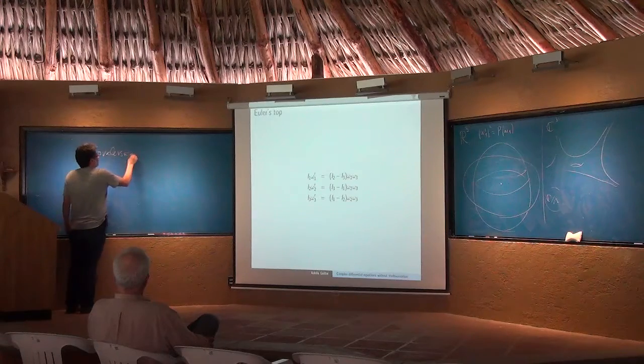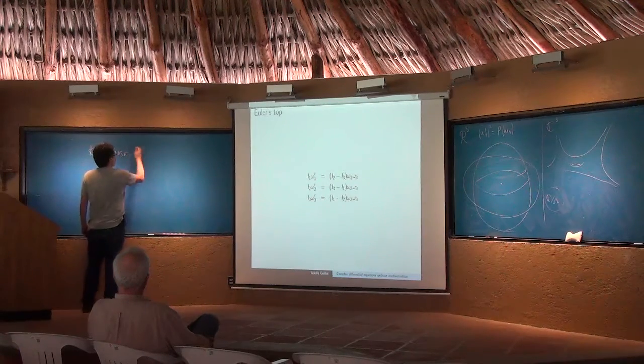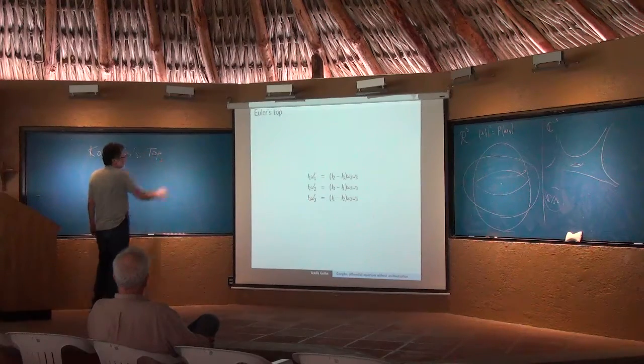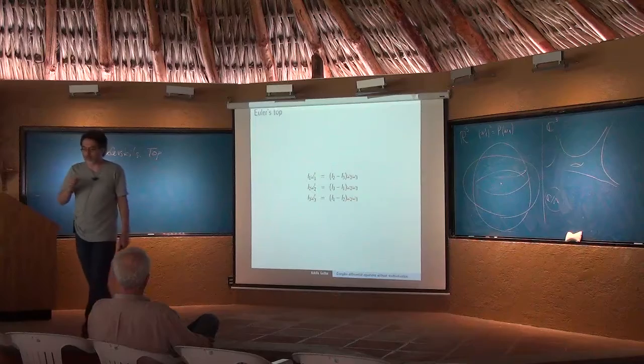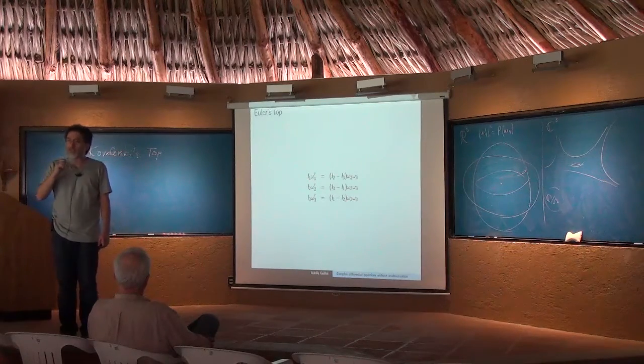So we have Kovalevskaya's top, which is analogous to a rotating body, but it's heavy, and then she concentrated on the following fact: integrable systems, or the solutions that solve integrable systems, are not multivalued.